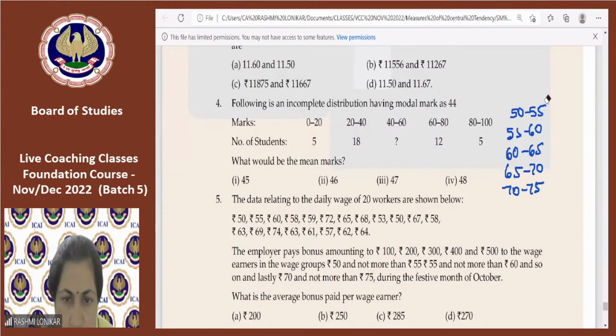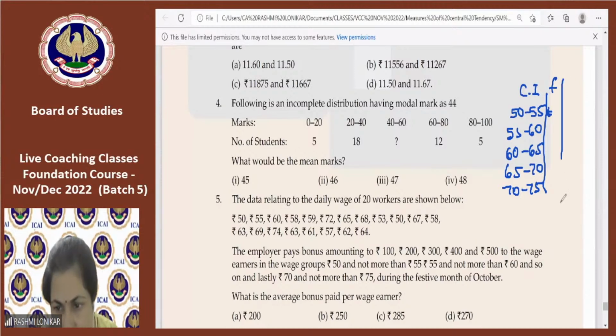Okay, so I hope now you've understood. You have to just use the tally marks and find the frequency, and then you have to find the midpoint of each class.